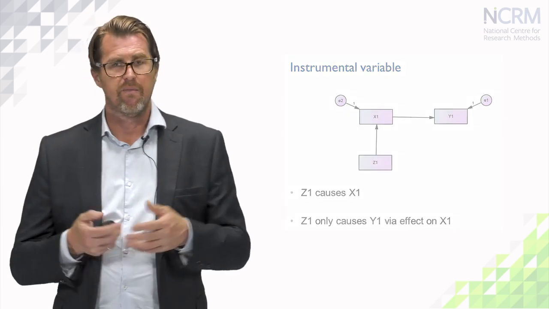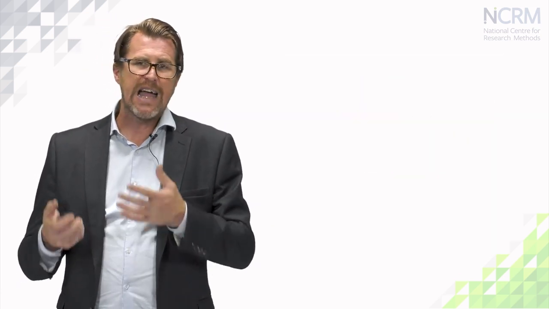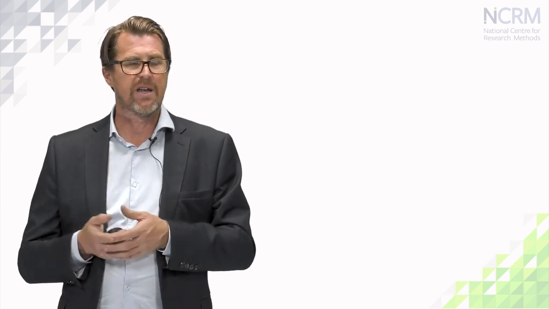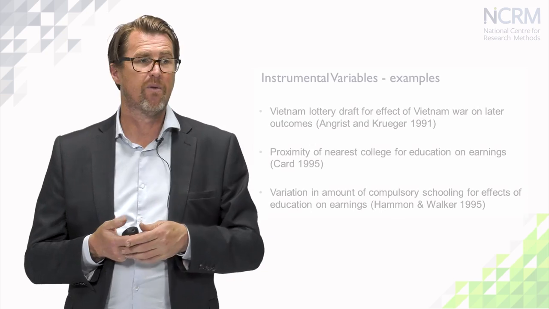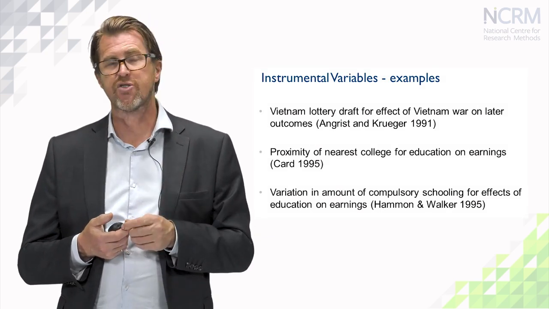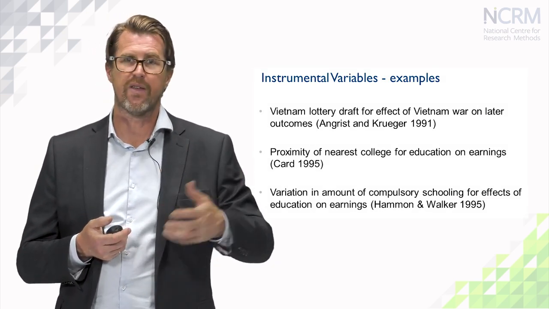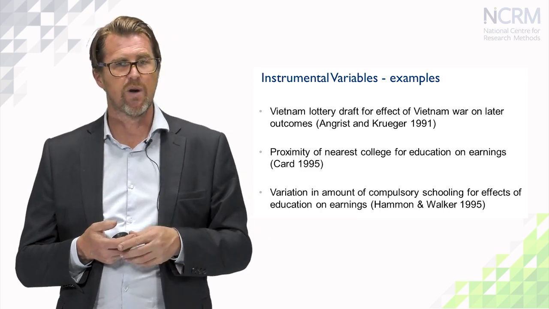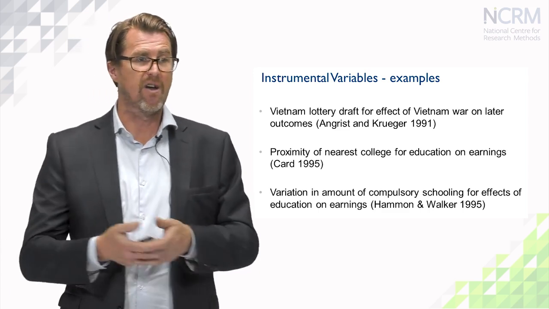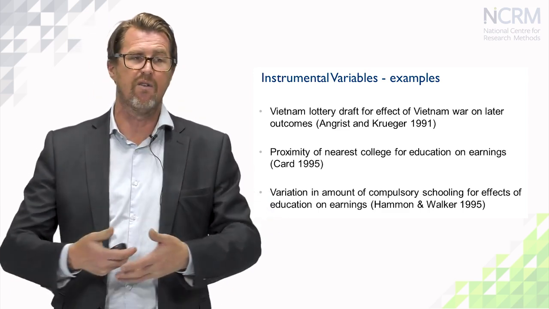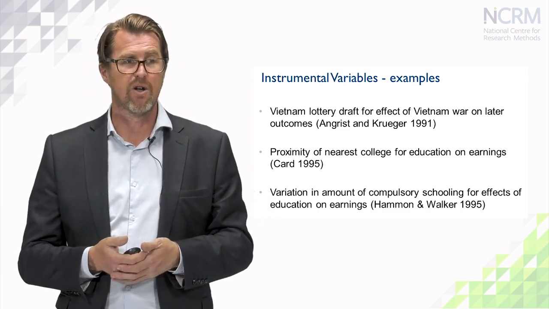As I said, there are many papers, particularly in economics, which have used natural variability, natural experiments, if you like. One example is the Vietnam lottery draft, which determined whether US citizens were allocated to go to Vietnam or not. This was done on the basis of a random lottery.